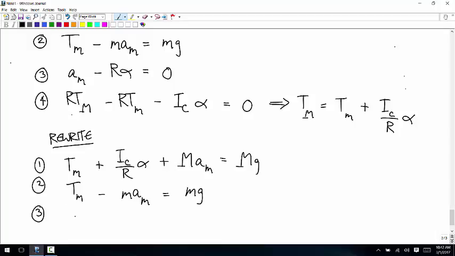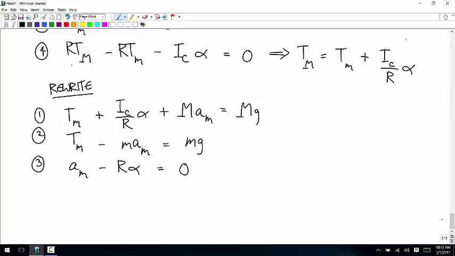And then we have A little m minus R alpha is equal to 0. Equation 3 says alpha is equal to a little m over r.